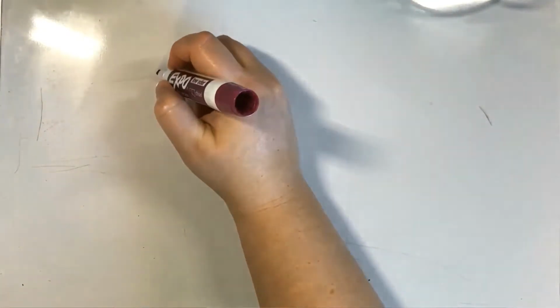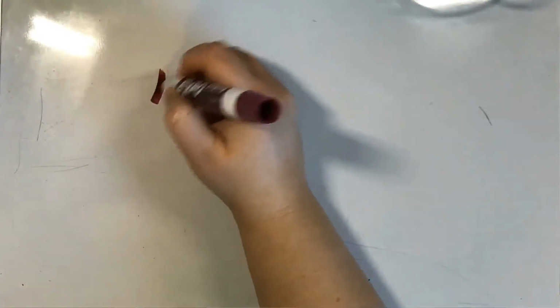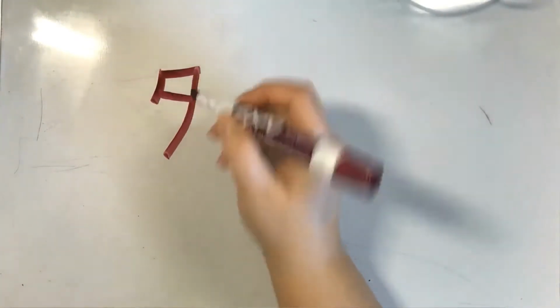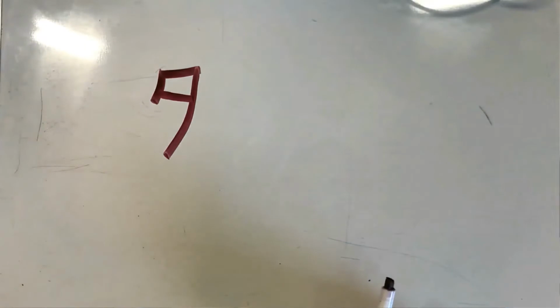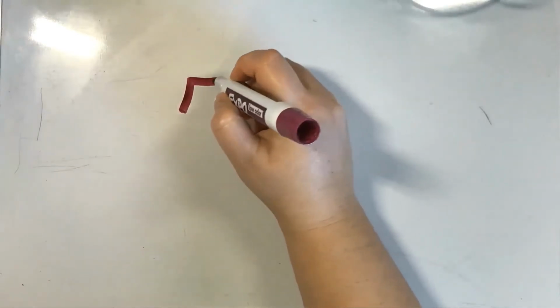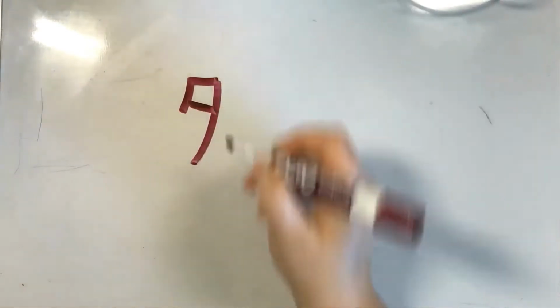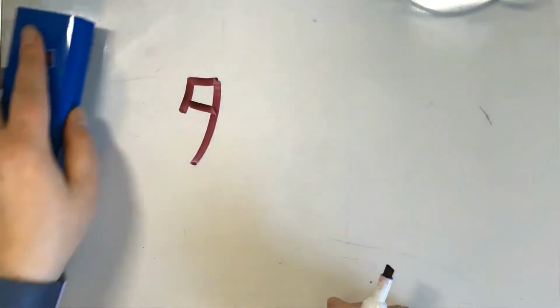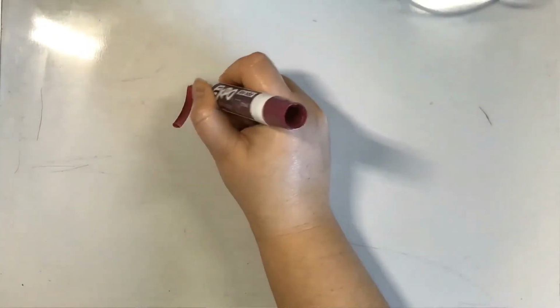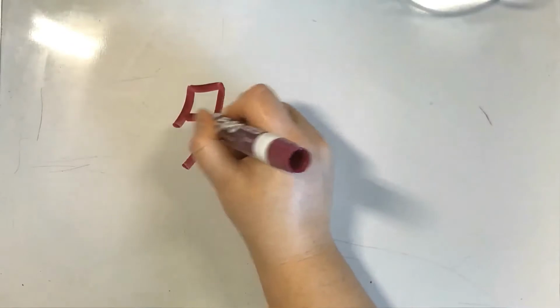We start on the left side, going down, and then across, and then coming down, and then we do another line in the middle. Left, top right, down, across.